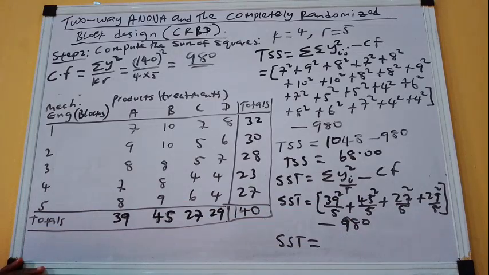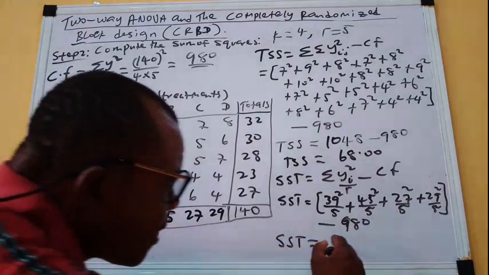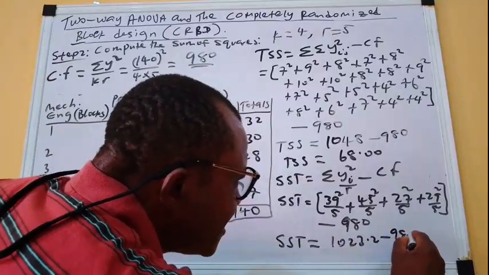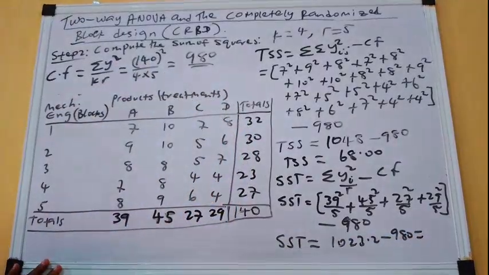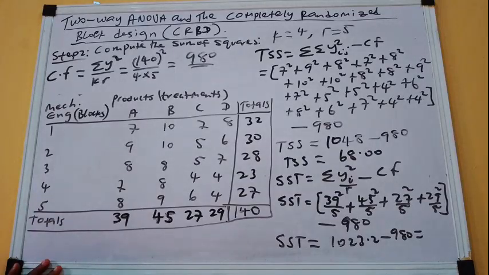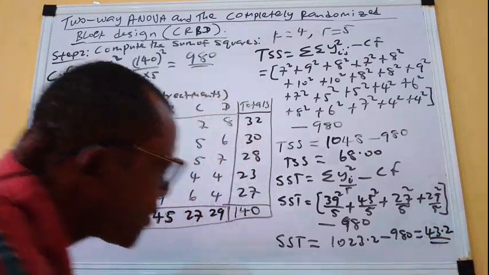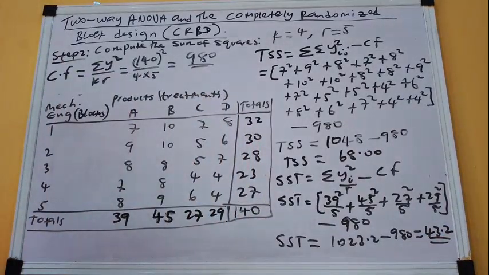You are going to have 1023.2. 1023.2 minus 980 will now give us 43.2. So our sum of squares for treatment will now be 43.2. So we have gotten that.